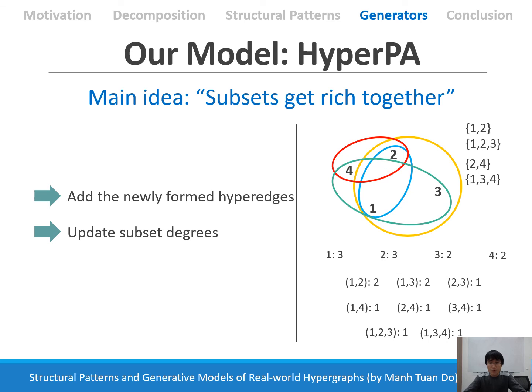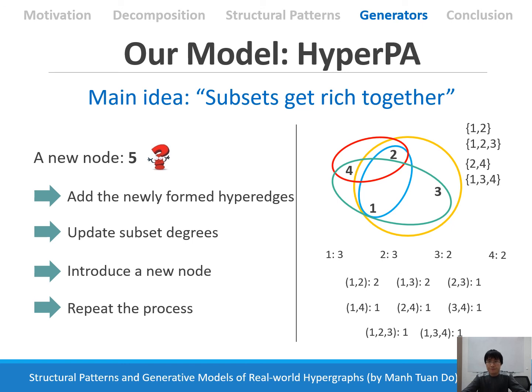We also have one more subset of 3 nodes, {1, 3, 4}. Their degrees are updated accordingly, equal to the number of hyperedges containing them. Then we introduce a new node, node number 5, and repeat the selection process in a similar manner until the hypergraph reaches a predetermined number of nodes.